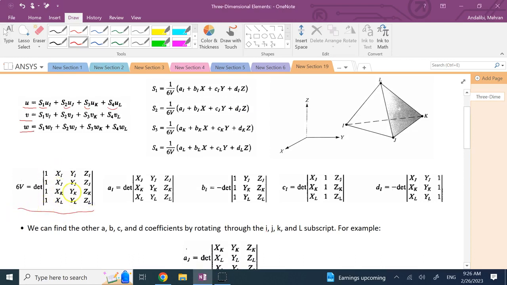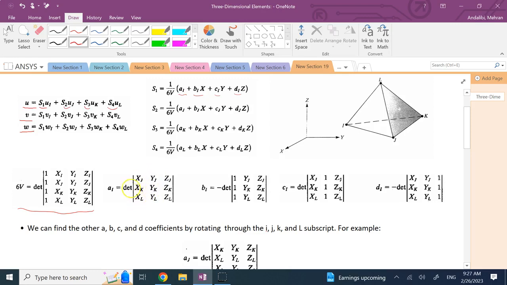Where you have 1's, x's, y's, and z's. And then here, if we focus on the coefficients for the first mode shape, A1, B1, C1, and D1, or you might call them AI, BI, CI, and DI, what are they coming from?